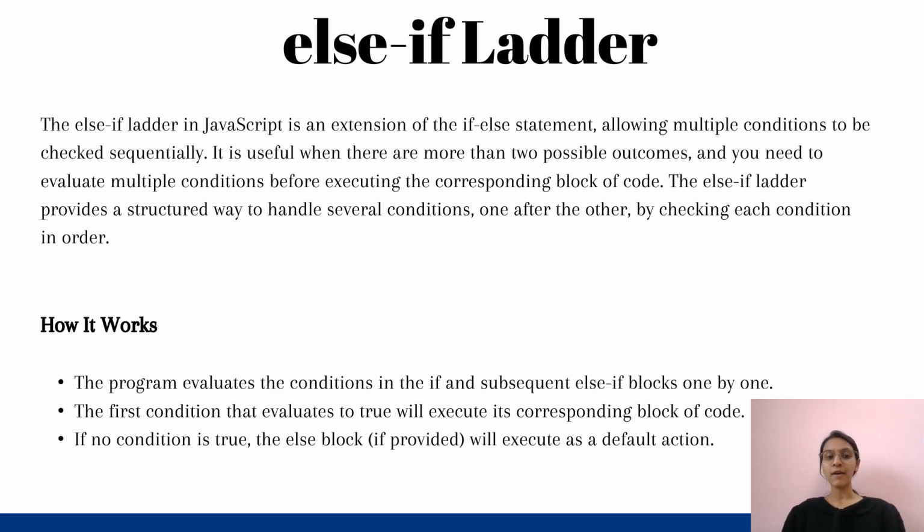How does it work? The program evaluates the conditions in the if and subsequent else-if blocks one by one. The first condition that evaluates to true will execute its corresponding block of code. If no condition is true, the else block will be executed as the default action.